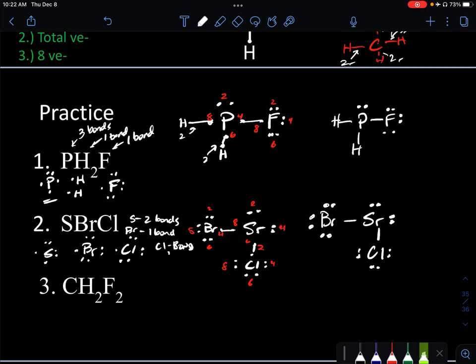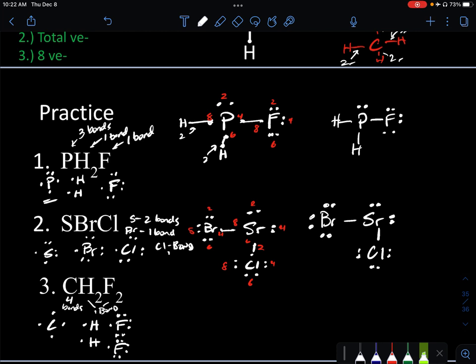All right, C has 1, 2, 3, 4. H has 1, and there are 2 of those. And F has 1, 2, 3, 4, 5, 6, 7. So that's got 4 bonds, and both of these have spots for 1 bond.